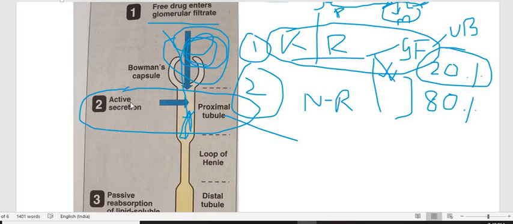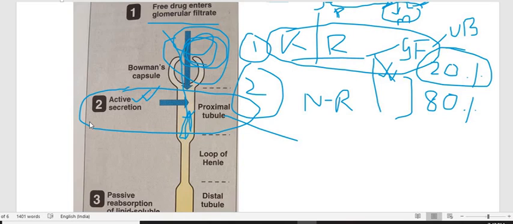This is an active process because it is energy dependent, and it also takes the help of energy. So this is an active process, and also carrier mediated. This carrier mediated process we also call transport.